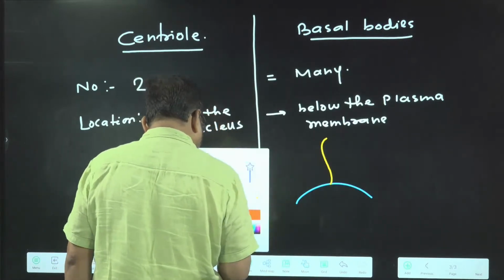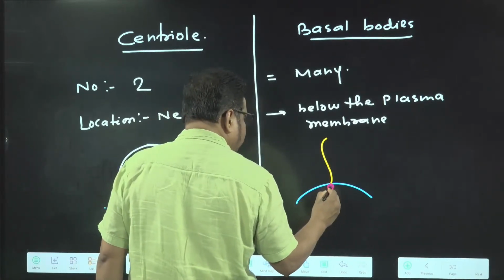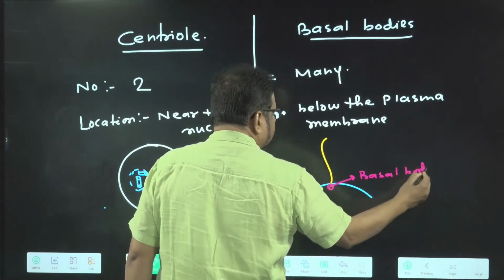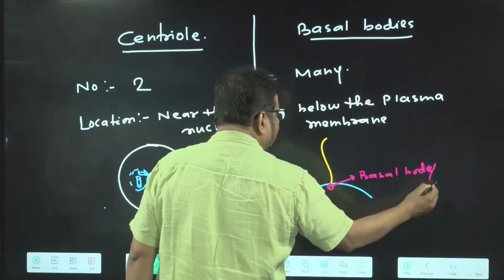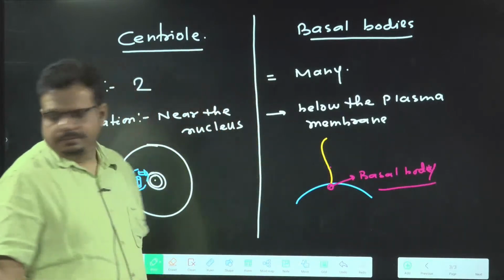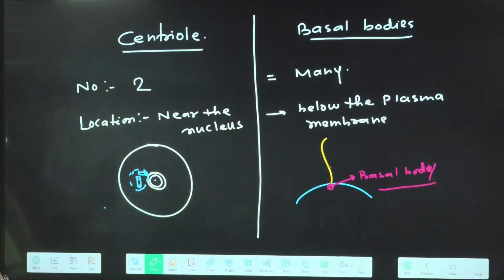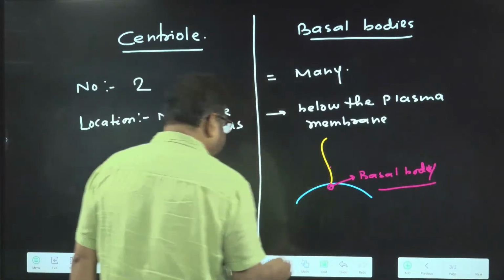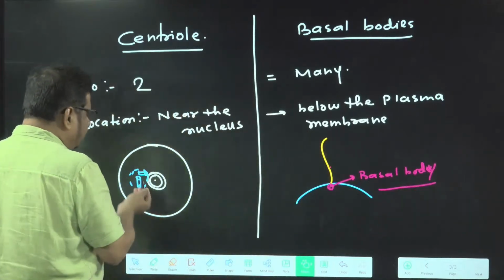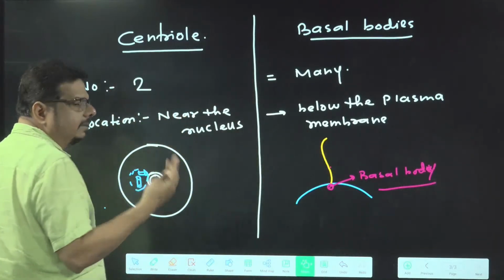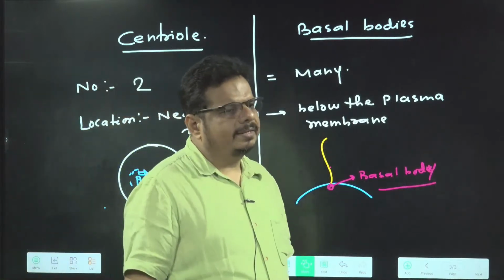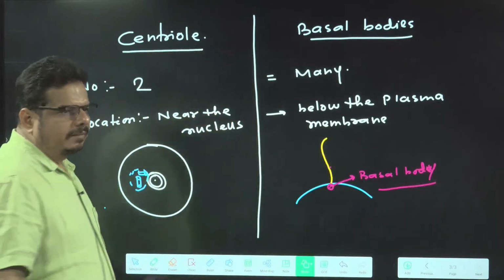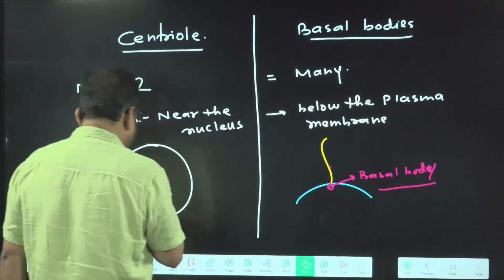In the basal part of the plasma membrane, there is the basal body. The number of basal bodies is equal to the number of cilia and flagella. But in one centrosome, there are 2 centrioles. So you understand how centriole and basal body are different from each other.